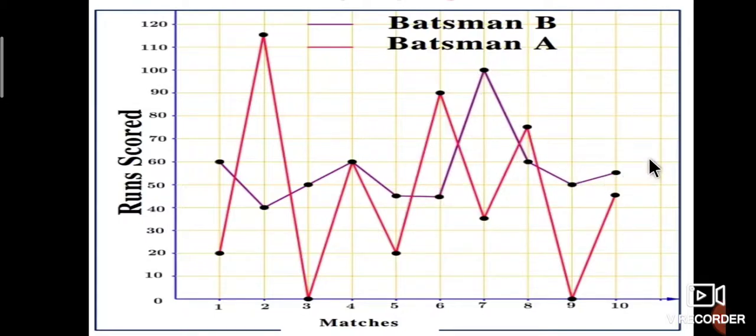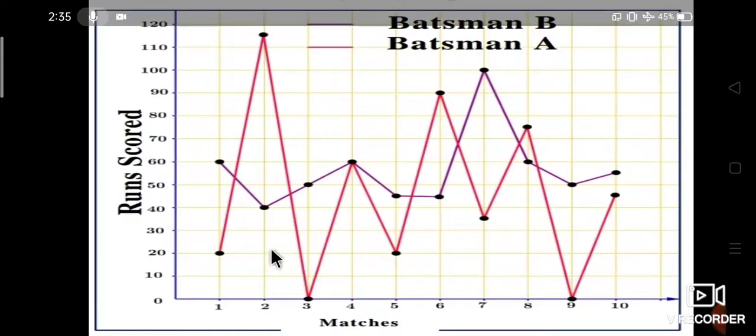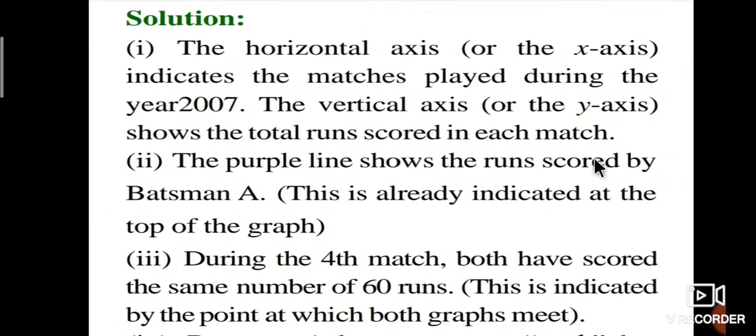Next, using this graph, observe it and answer the questions. First answer: the horizontal axis or the x-axis indicates the matches played during the year 2007.